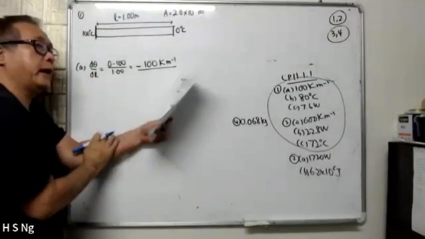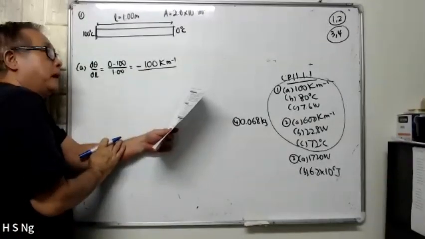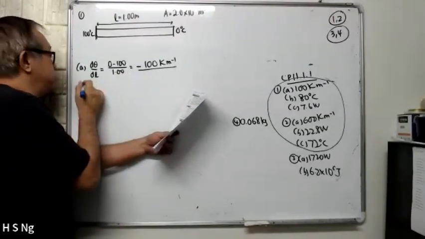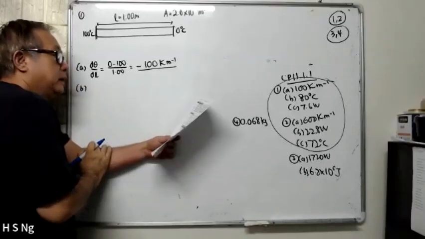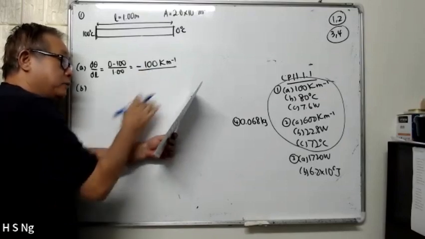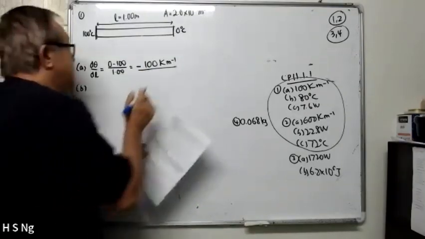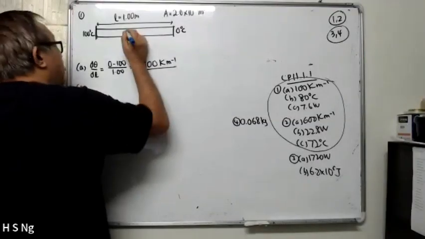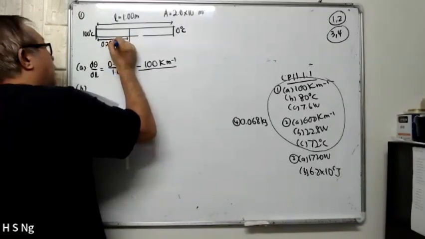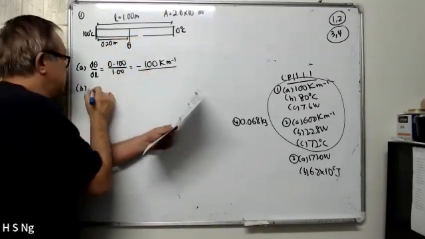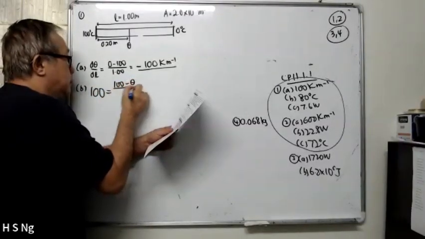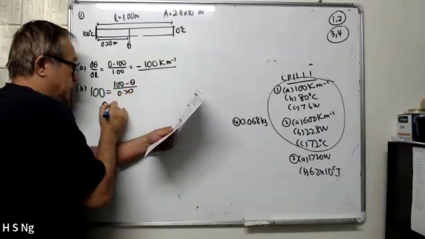Okay, according to the definition, but I wouldn't mind if there's no negative sign, but according to the definition, there has to be a negative, okay? I don't think they'll mark you wrong if you don't have a negative sign, but now I stick to the rule. Temperature at 20 centimeter from the hot end. So just take this and take higher temperature minus lower, and you get this.